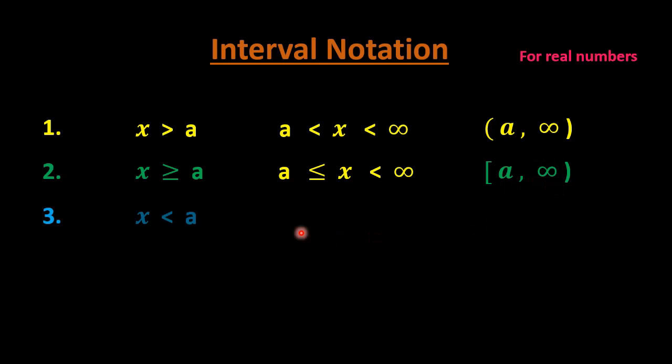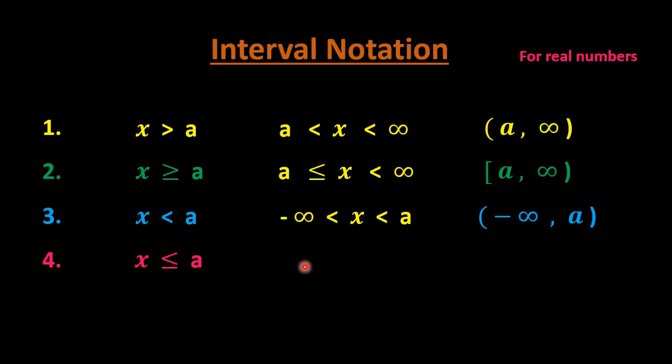Number 3, x is less than a. The solution lies between minus infinity and a. So both minus infinity and a will not be the solution of the linear inequality, and we denote it by an open interval like this. And the fourth one, x less than or equal to a.